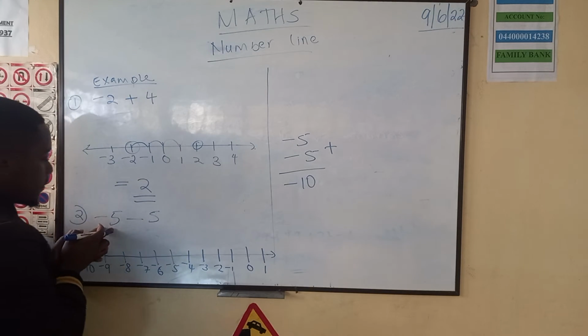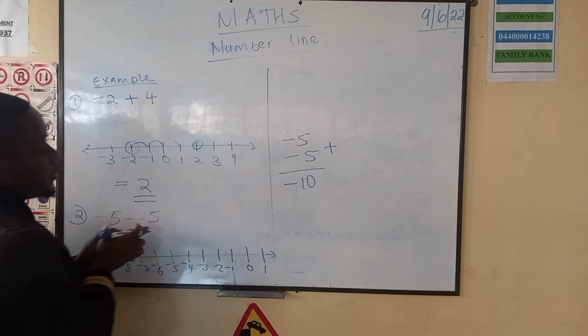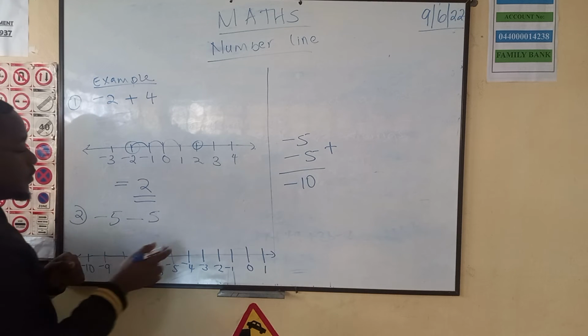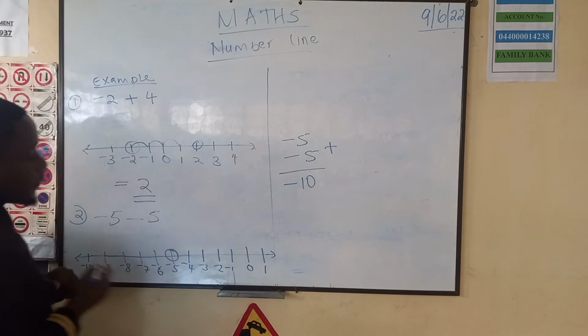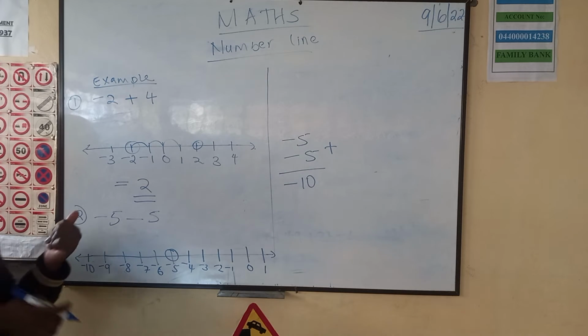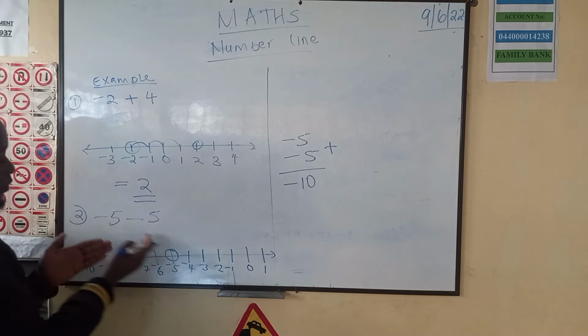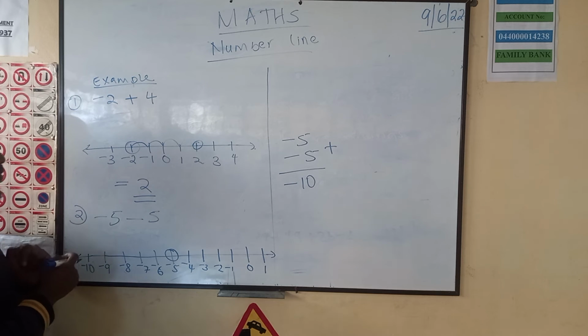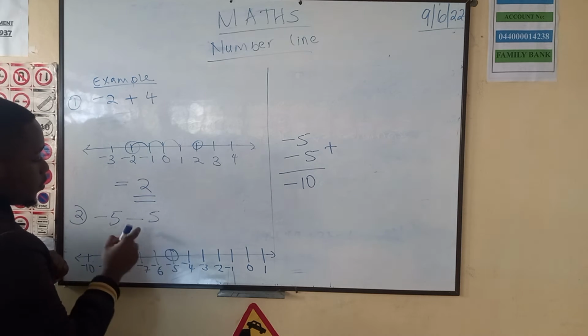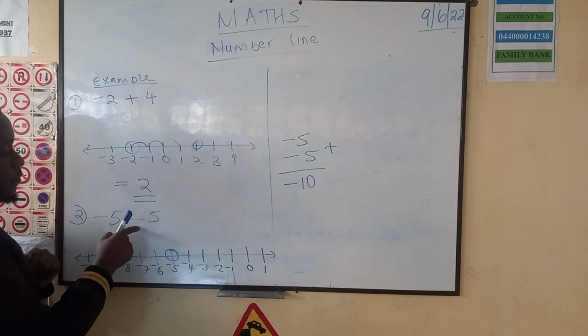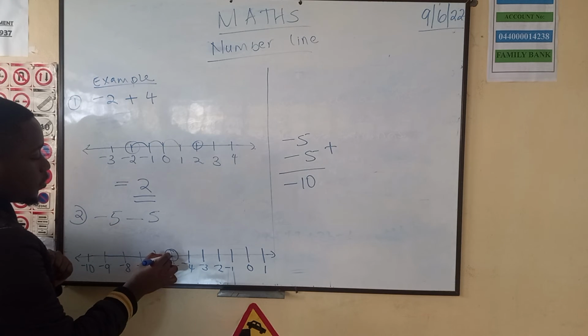Okay. Now let's go back here. We have this negative 5 minus 5. You have a negative 5 there, but since we are subtracting, we'll go backwards.